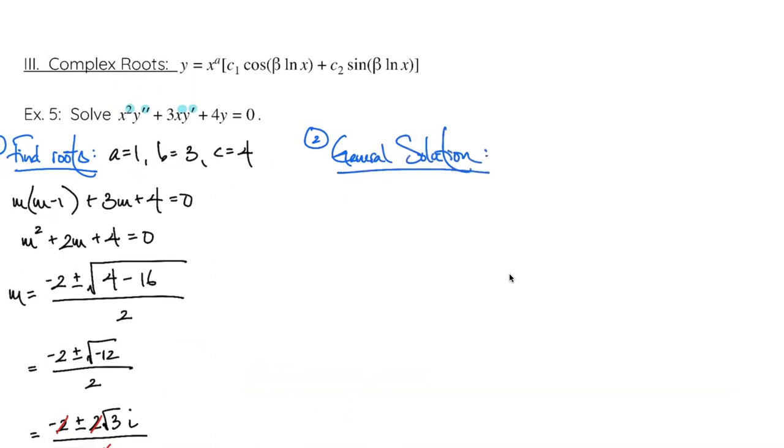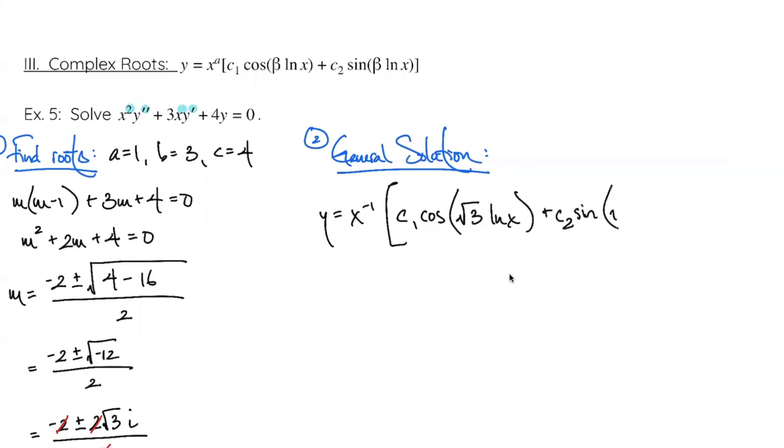all right, we're going to go ahead and say y equals x to the negative 1, that's my alpha, c1 cosine of root 3 natural log x plus c2 sine of root 3 natural log x, right?